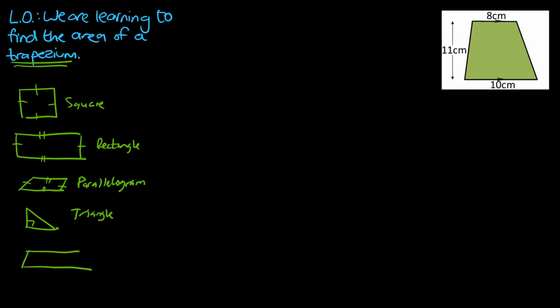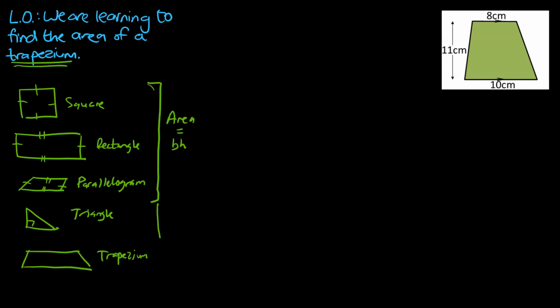I've drawn an example trapezium below, and the reason this one's really important is because it's going to have a different and unique formula. We learnt that for those first three shapes, the area was equal to base times height.